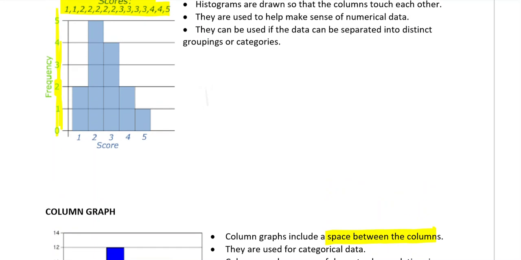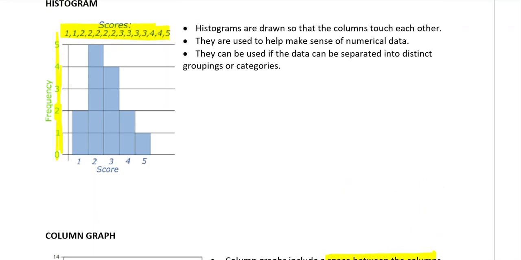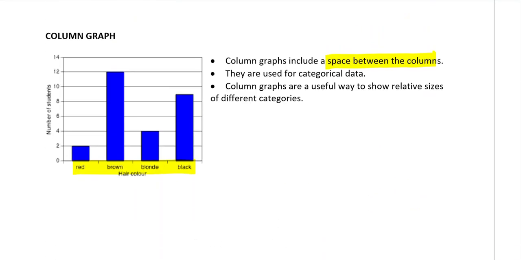Whereas the other ones back here, we were talking about a score, we were talking about numbers. So we often use column graphs for categorical or wordy response data. The columns are a very useful way to show relative sizes of different categories. So you can see straight away that out of the people that were questioned, most people had brown hair, and there was only a couple of people who had red hair.